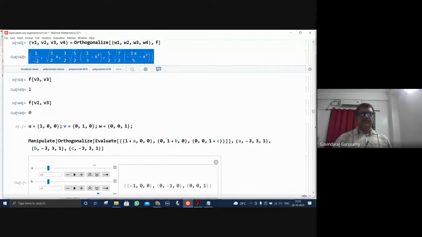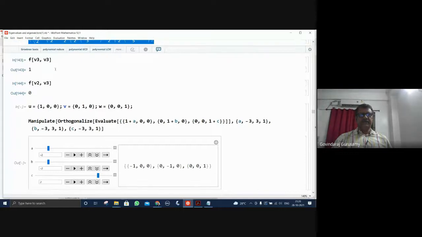If you have the same n values, that can be normalized and you'll get a normalized result. If you take different values of n, that goes to 0, which is the orthogonal property of those functions. There are very many interesting functions which satisfy this.